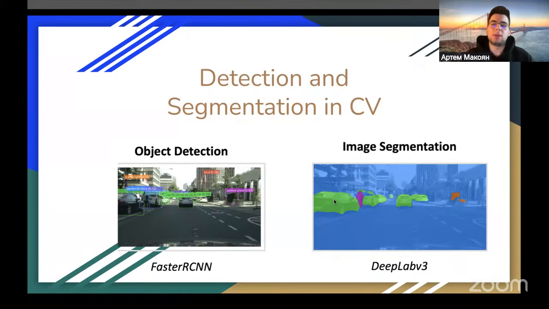For example, green color is for car, purple for human, and so on, and blue for background. This approach is more accurate, and we say that we do not detect cars, but segment them. So that's segmentation. It's a more accurate result, but you can guess that it's a little bit harder.